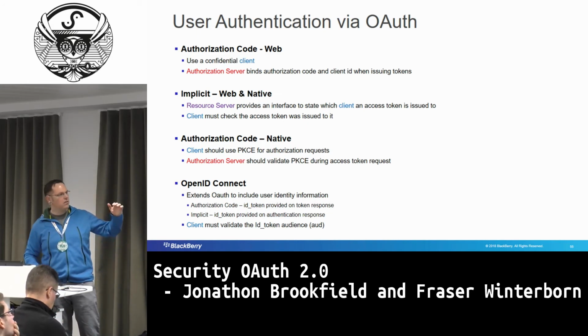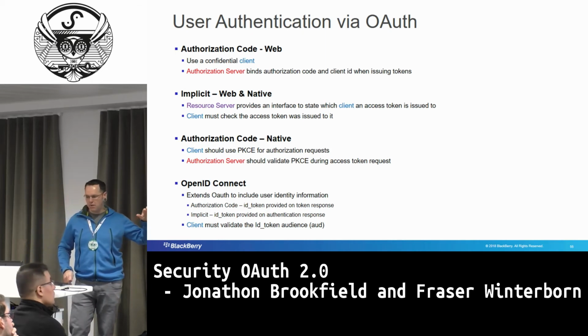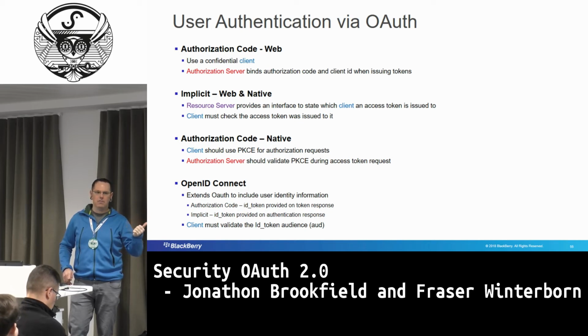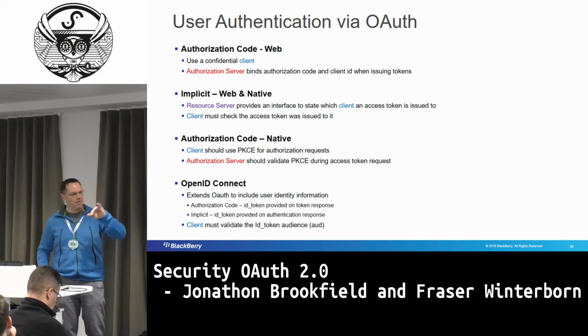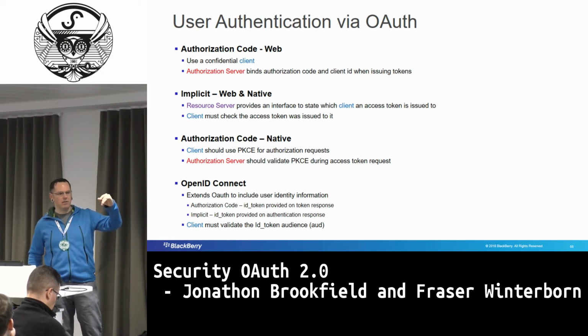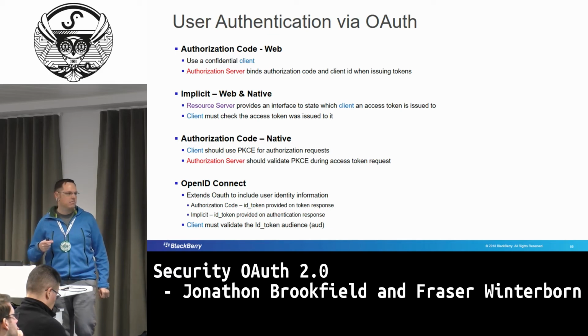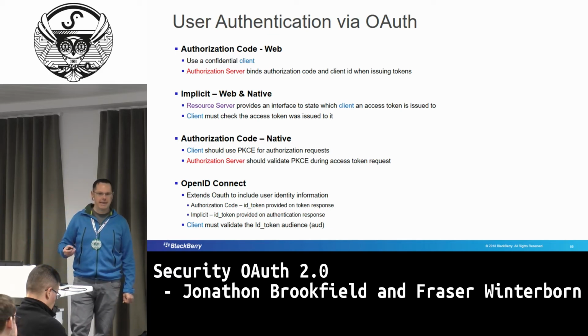When you're moving to the authorization code flow on native, there's PKCE, the additional parameters that I showed, the code challenge and the code going through, and that is allowing binding of two requests again. There's also a new spec that's come out in the last probably two or three years called OpenID Connect.